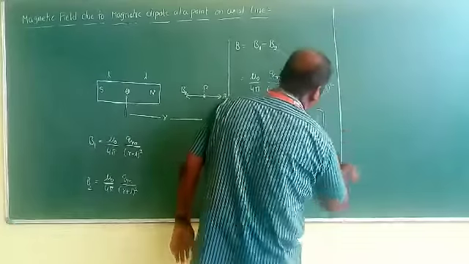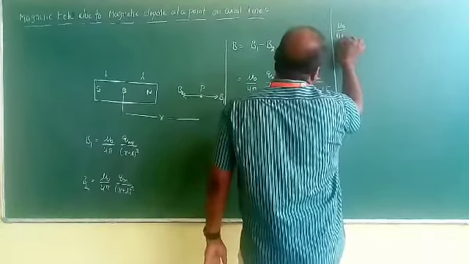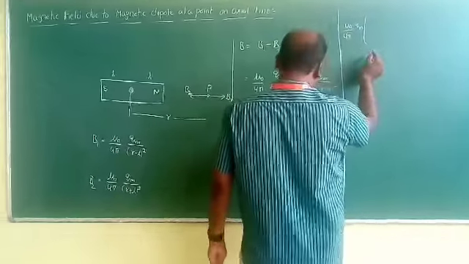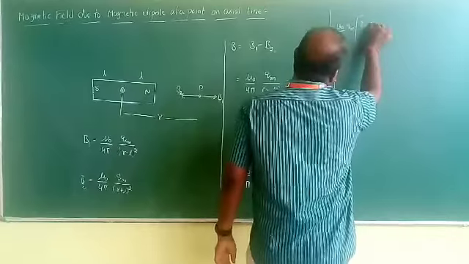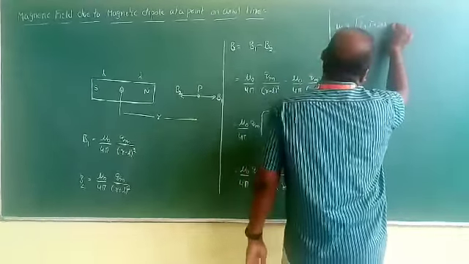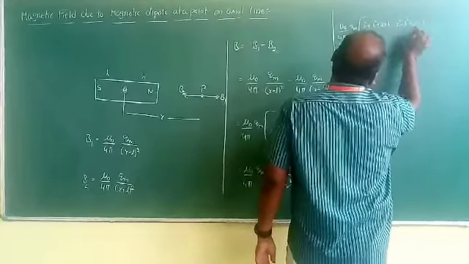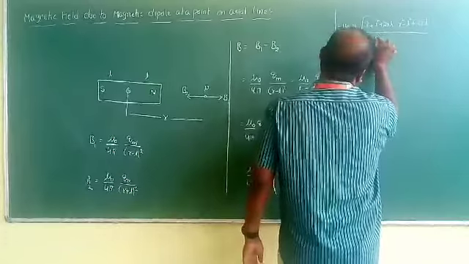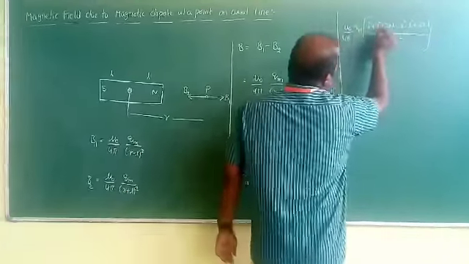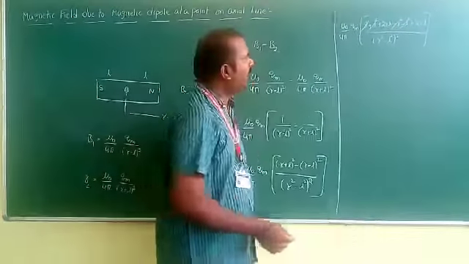Now see the combination. Mu naught by 4 pi Qm into, here it will be r square plus L square plus 2rL minus r square minus L square plus 2rL, by r square minus L square whole square. The r square and L square terms cancel.